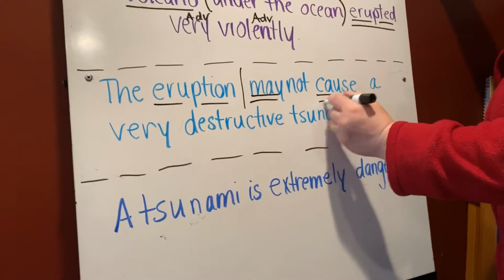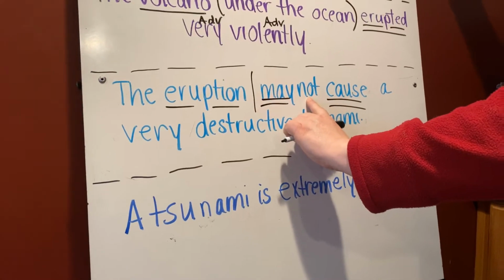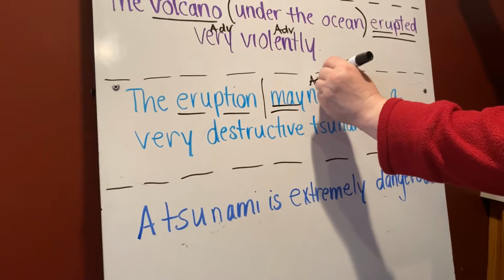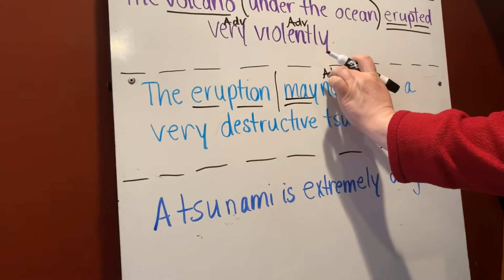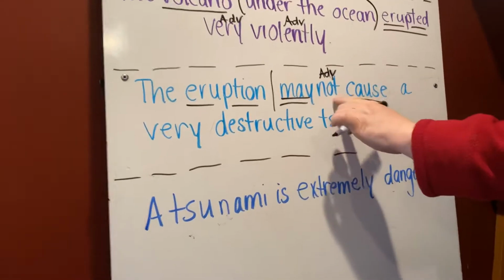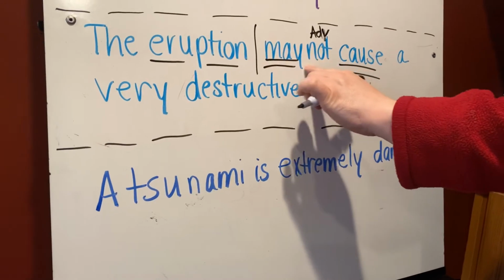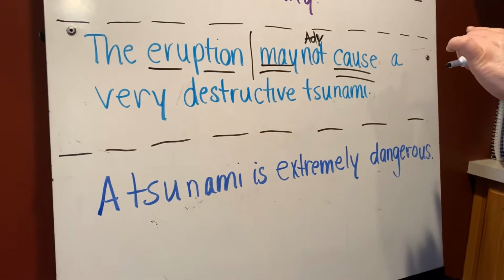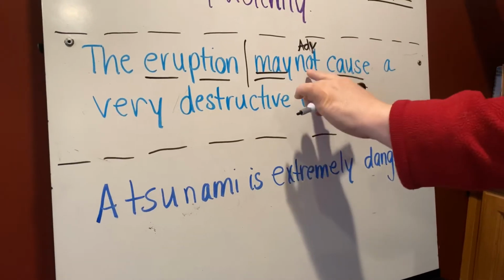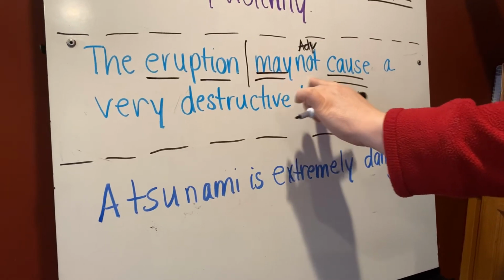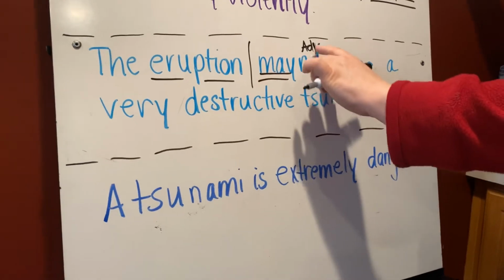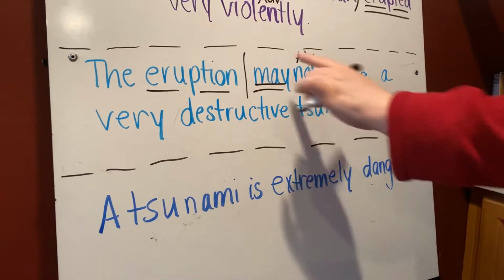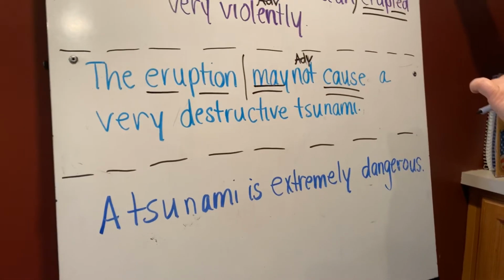May cause is your verb phrase, but not is an adverb, and its special name, ooh, I almost wrote adjective, adverb, and this is called a negative. So there's a list of these in your information box, but words like not and never are negative adverbs. May not cause. Very good.